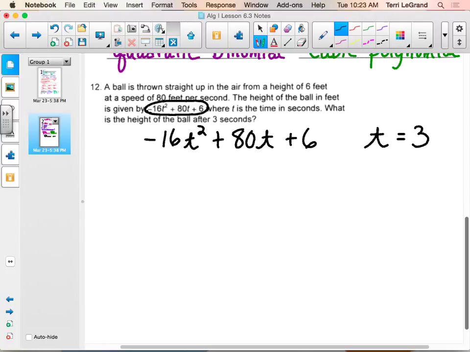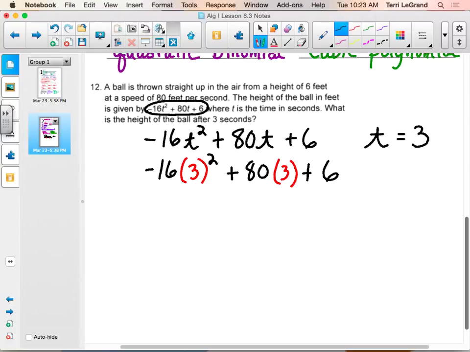So we're going to substitute in a 3 where the t's are. If you want, grab a colored pencil to do the substituting. Don't try to shortchange these and do too much in one step.